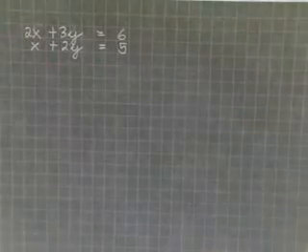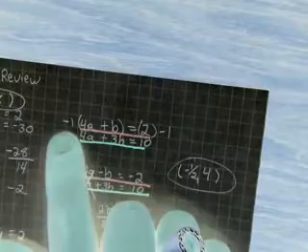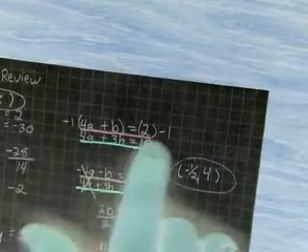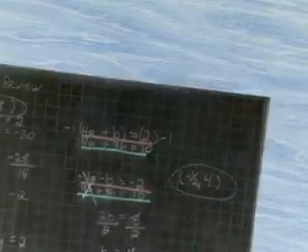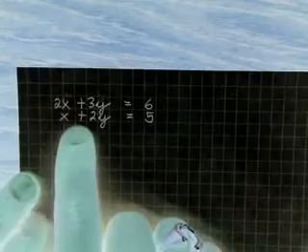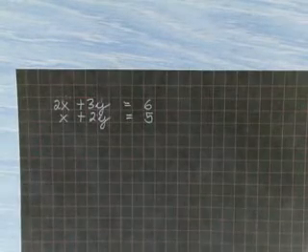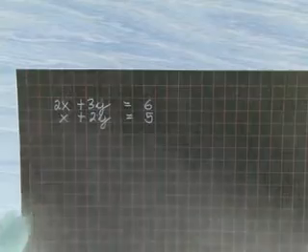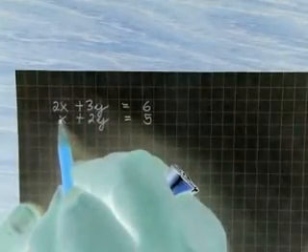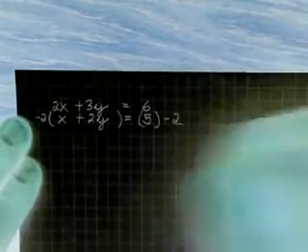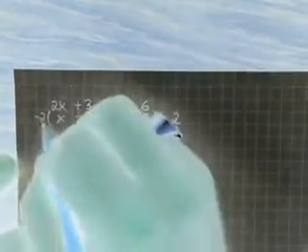Just like last time, if you remember, on this one right here I multiplied both sides of this equation by -1. Well, I'm going to multiply both sides of an equation here by something to get it to eliminate. Easy way is to multiply that x by -2. So what I'm going to do is multiply both sides by -2 instead of -1 this time.